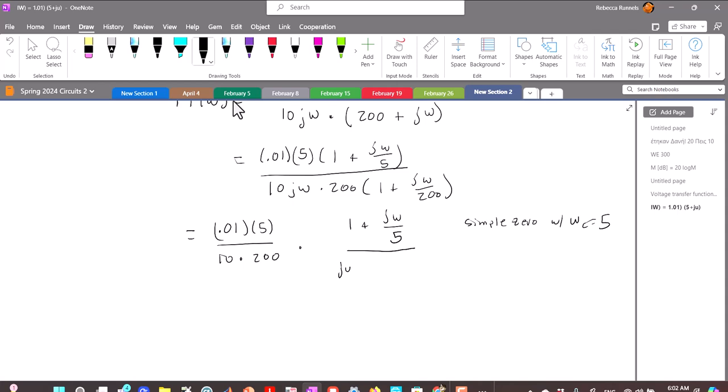And then I have j omega, so that is a pole at the origin.